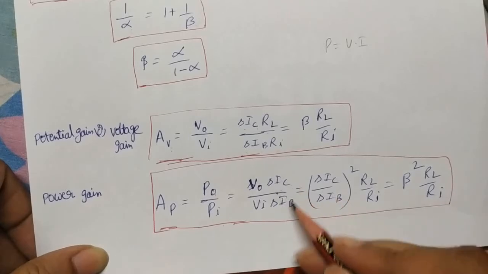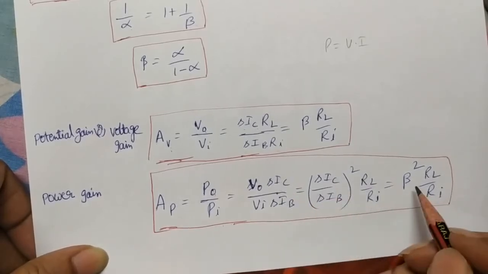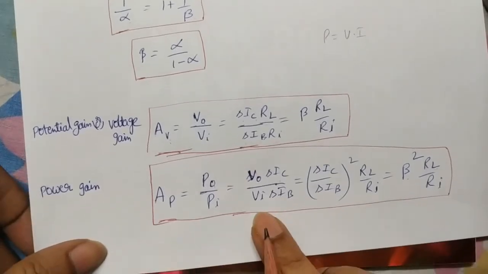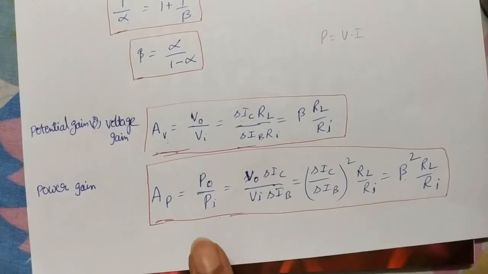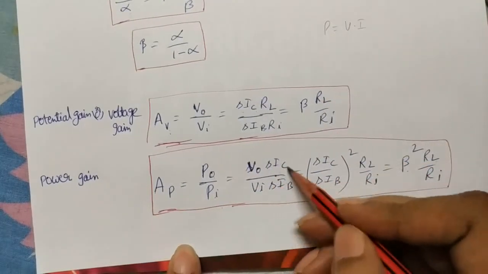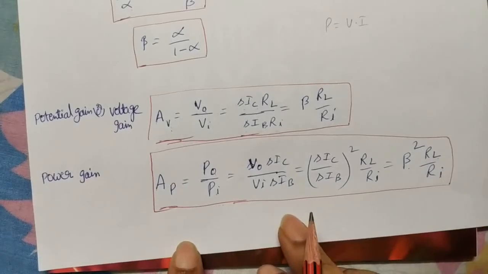So delta IC by delta IB is repeated here, that's why we get a square here. So this is nothing but beta square RL by RI. In place of V out by V in you can write beta RL by RI, into again beta. So beta square RL by RI we get.